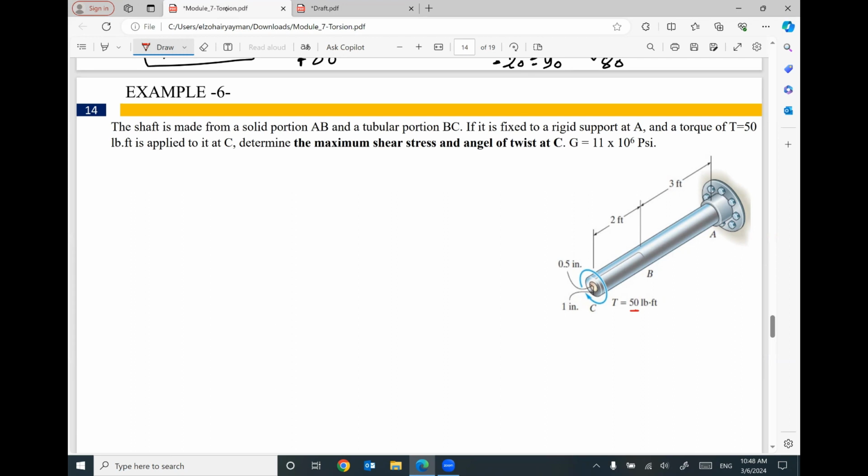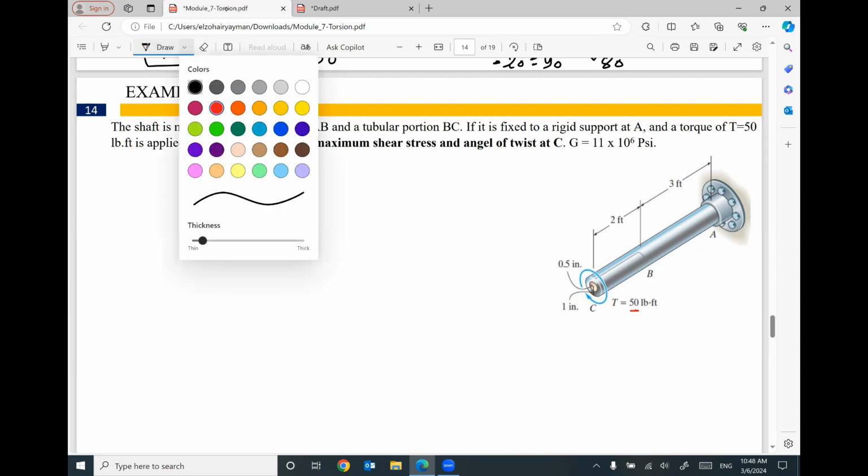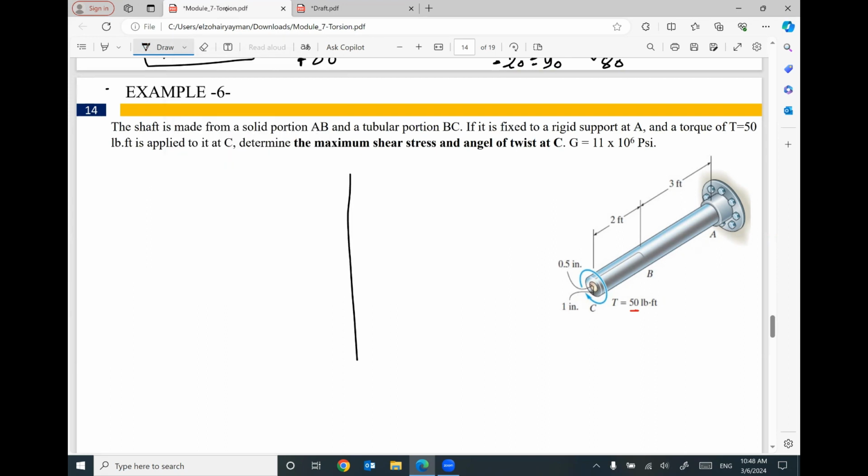Part CB is a hollow or tubular shaft BC, and the part BA or AB is a solid shaft. This is the reason why I'm going to divide this shaft into 2 parts. Part number 1, part BC. Part number 2 is part AB.